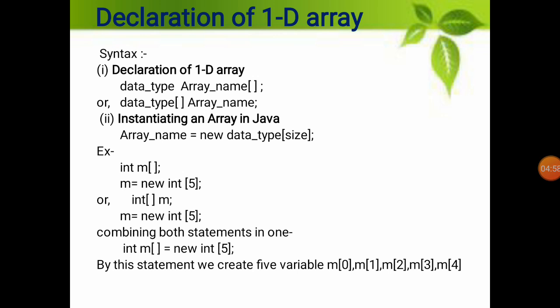This is a single subscript. We can combine both statements in one single statement: int m[] = new int[5]. By this statement, we can create 5 variables m[0], m[1], m[2], m[3] and m[4], and each element is referred to by the subscript or index 0, 1, 2, 3, 4.